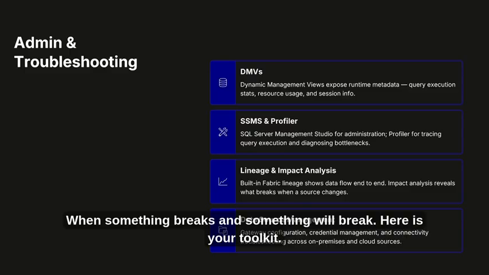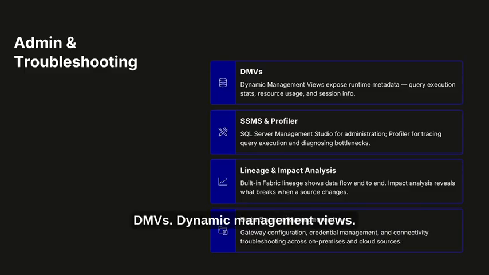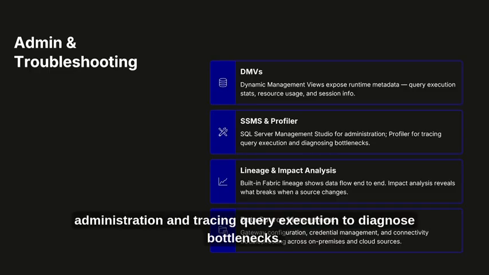When something breaks, and something will break, here is your toolkit. DMVs, Dynamic Management Views, expose runtime metadata, query execution stats, resource usage, session info. SSMS and Profiler help with administration and tracing query execution to diagnose bottlenecks.